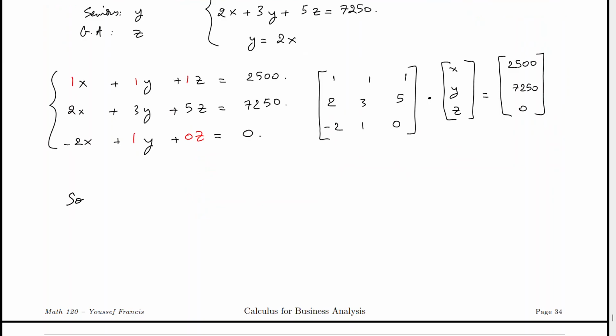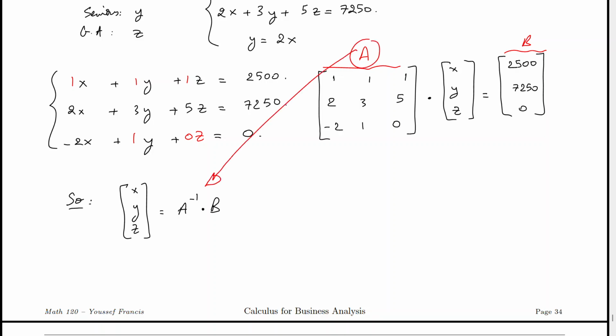So let's do that with our TI calculator. To get x, y, z, let's record what we're about to do. We need to multiply the matrix A inverse with the matrix B. Keep in mind, this is what we're calling matrix A, and this is what we're calling matrix B. You're not multiplying the regular A, you're multiplying the A inverse.